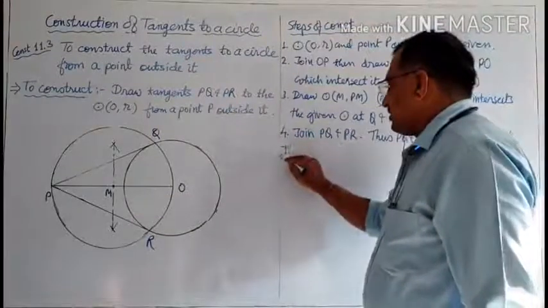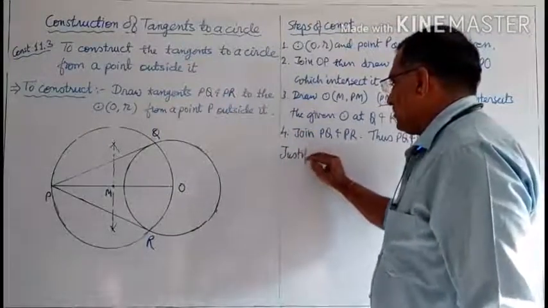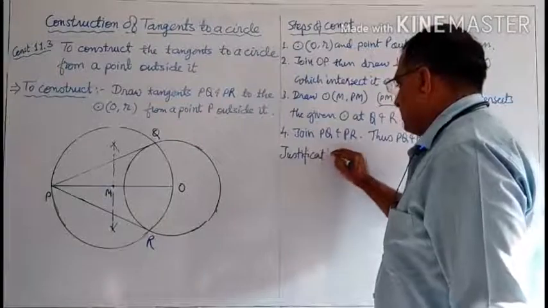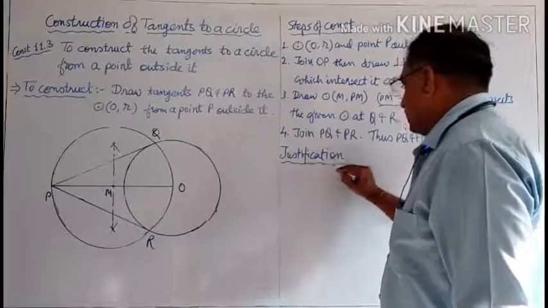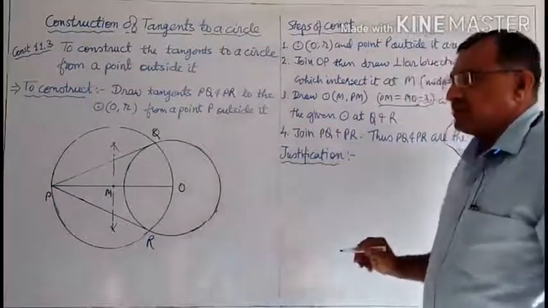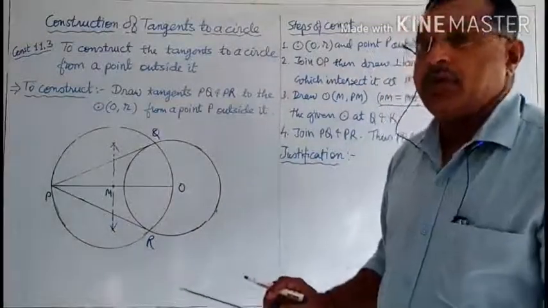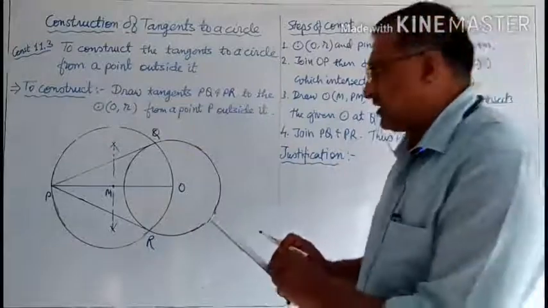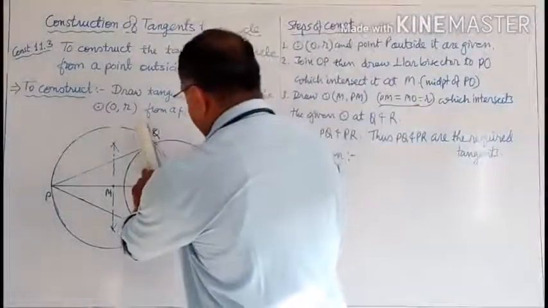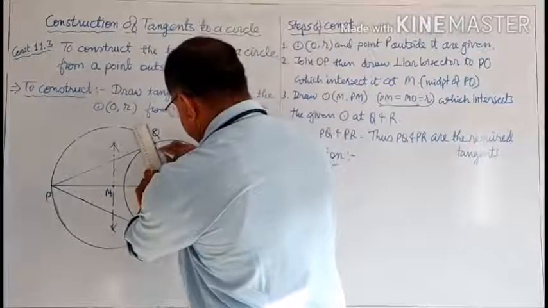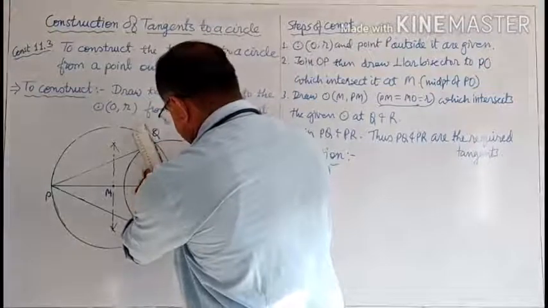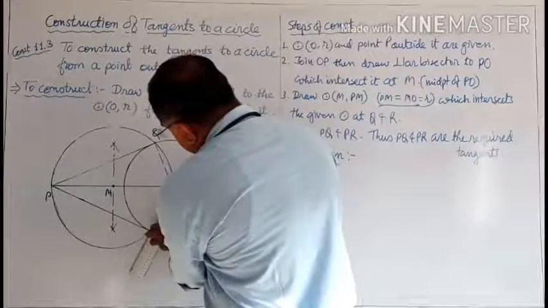Now justification. How can you say that these are tangents to the circle? According to the definition of tangent, it must be perpendicular to the radius at the point of contact on the circle. So Q and R are the points of contact. First of all, we have to join OQ and OR.